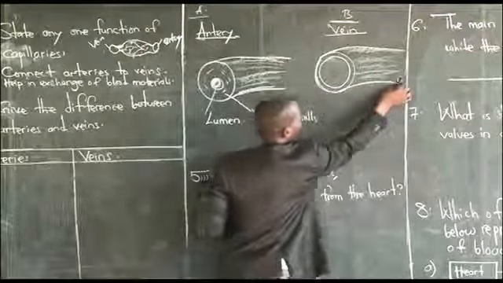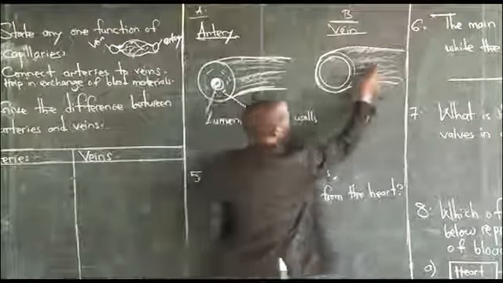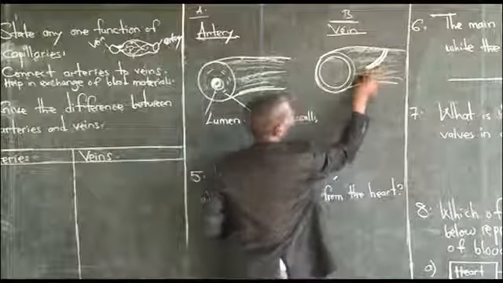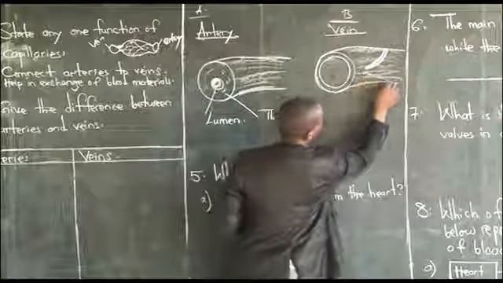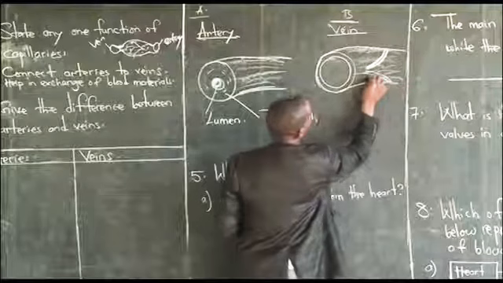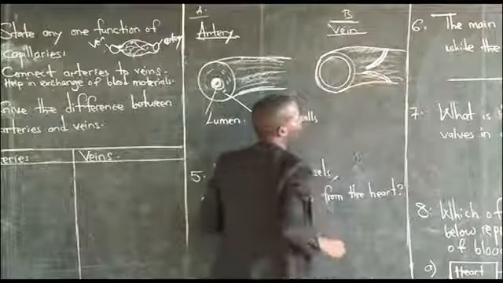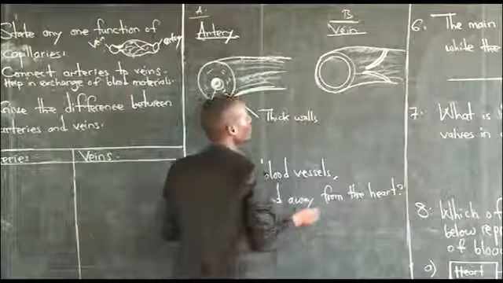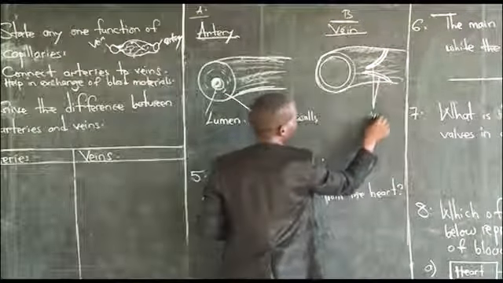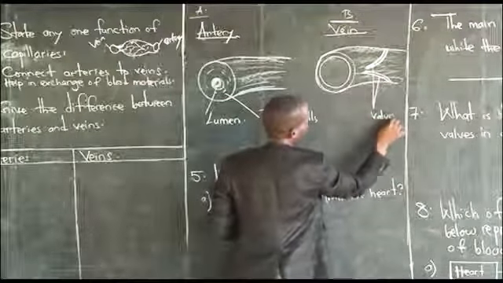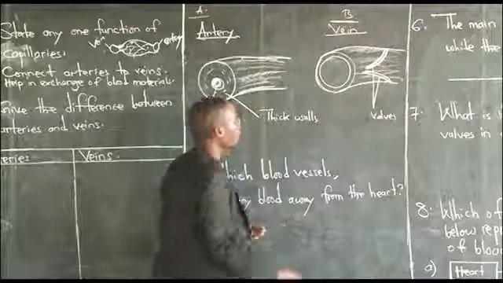But remember, still on this, we need to show the valves, okay? So you can see for a vein, these are valves. They have valves which prevent backflow of blood.